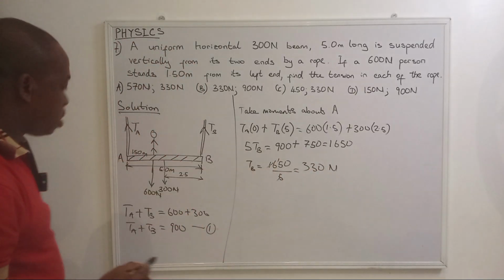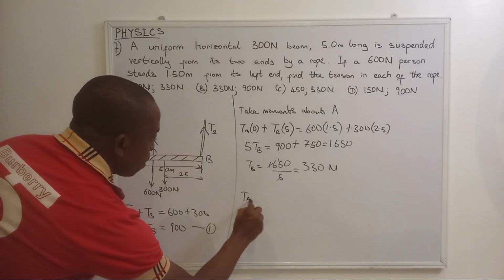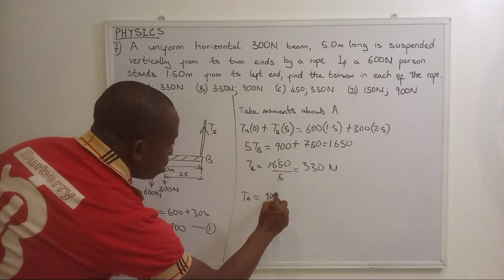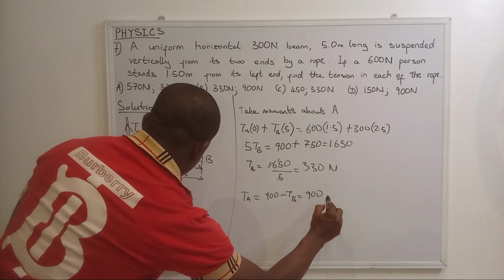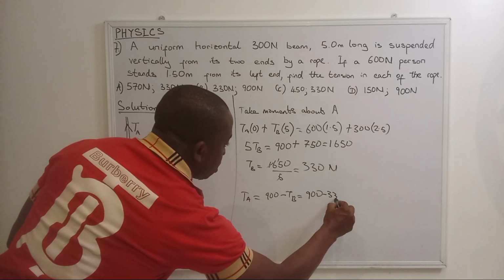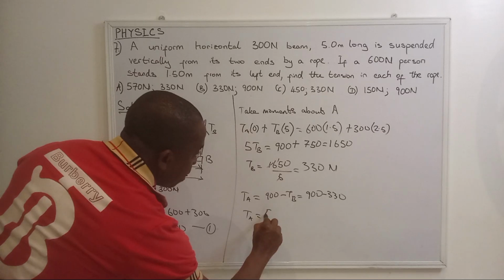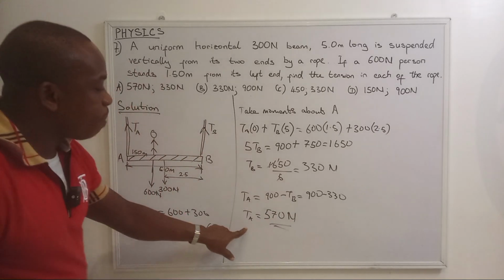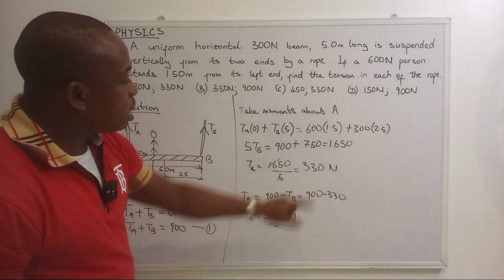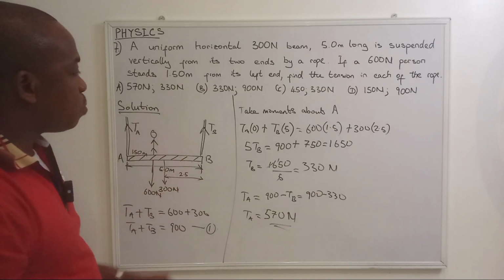If TB is 330 Newtons, we can come to equation 1 to find that TA will be equal to 900 minus TB, which is 900 minus 330. So TA will be 570 Newtons. So TA is 570 Newtons, TB is 330 Newtons. And so those are the tensions in each of the ropes.